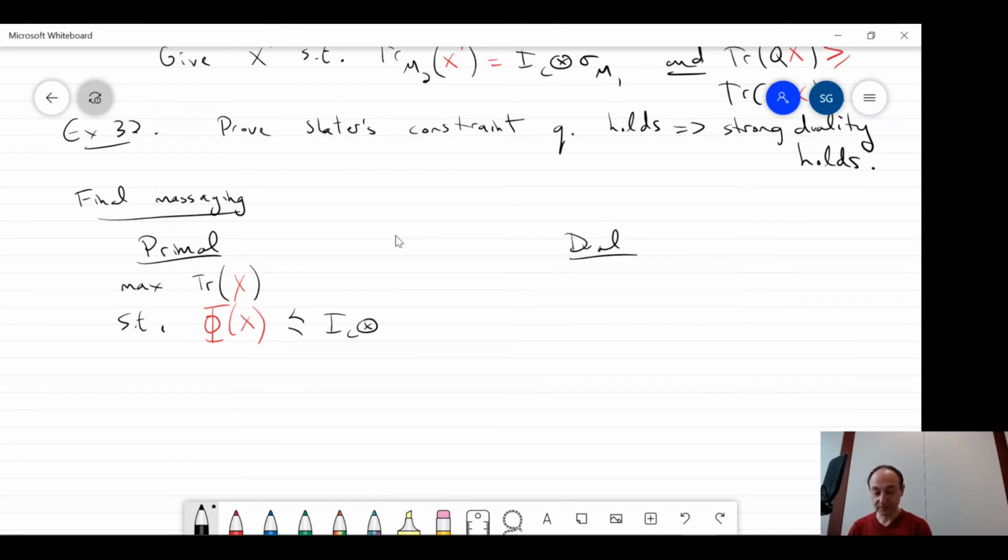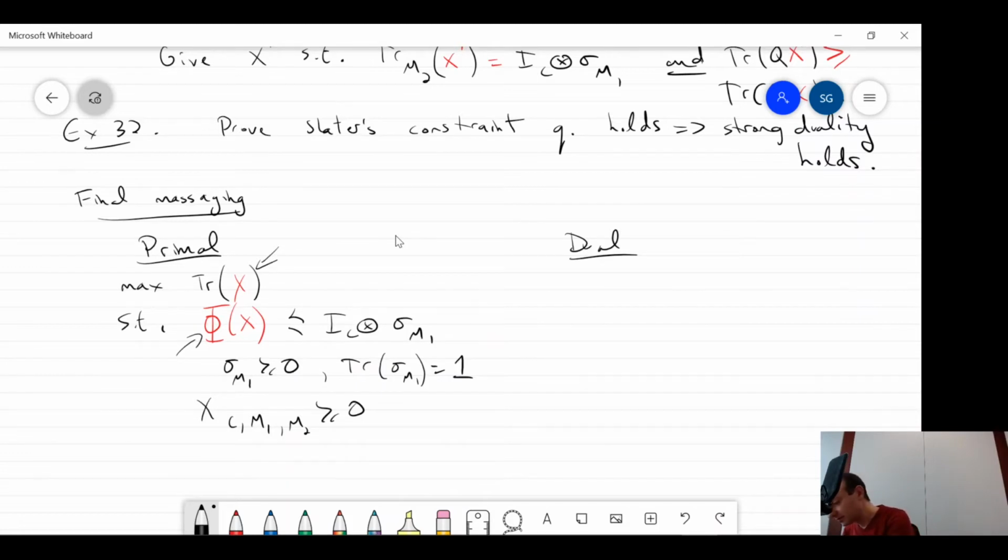This is the same as before. I'll put these together because they're the density operator constraints. And this is the same as well. Okay, so now instead of having q in the objective function, now I have this mysterious phi, which I have to define shortly. I'll do that in a second. Let me just first write down the dual.